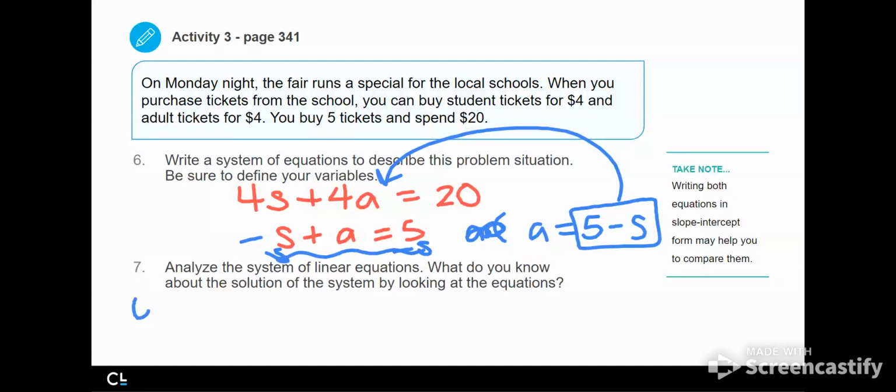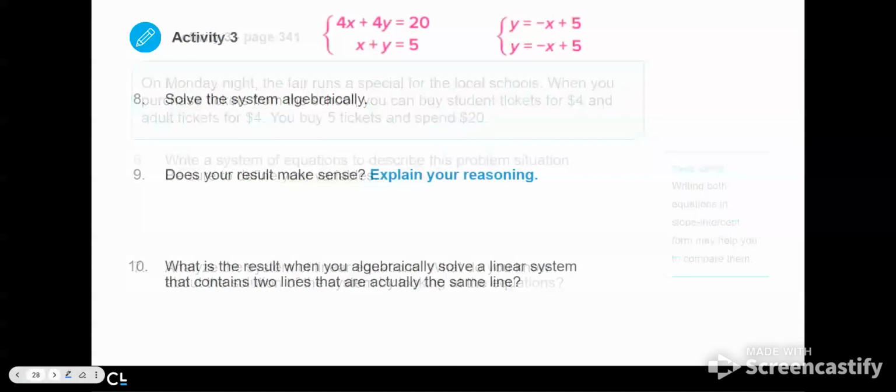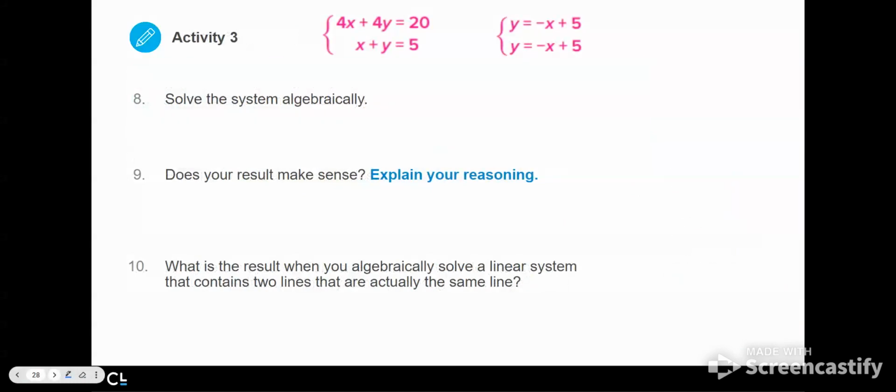They're going to cross. Okay, so now I have 4S plus 4A equals 20. And we said this one was going to be y equals 5 minus x. I just had A's and S's instead.